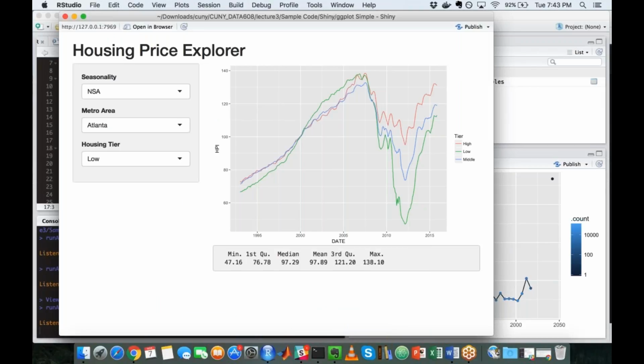Essentially, in our app, what we're saying is first, I want to subset the data by seasonality and metro area. And I want to use that for both the graph and the stats output. And then with that data, for the stats output, I'm going to perform another filter. I'm going to filter it by housing tier.